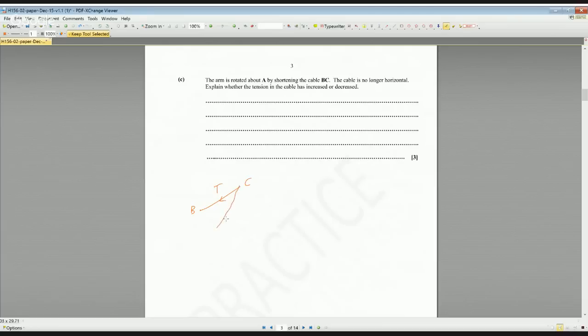We have our beam there down to A, and that is now at an angle here. And we know that theta now is greater than 30 degrees because that angle has increased. BC has got shorter. If that angle there has increased, it makes sense that this distance here has got bigger.